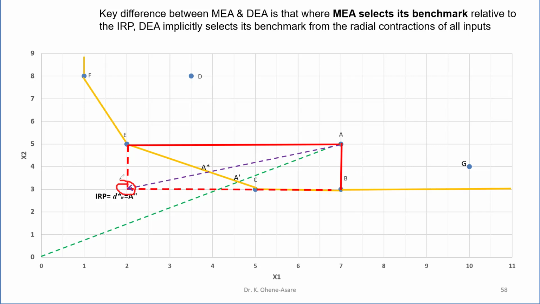Now, why is it called ideal then? In this context, graphically, you should now understand why it is called ideal. Why is it called ideal here? Kofi, why is it called ideal? Because that's the maximum we can get to when we are referencing the efficient points.